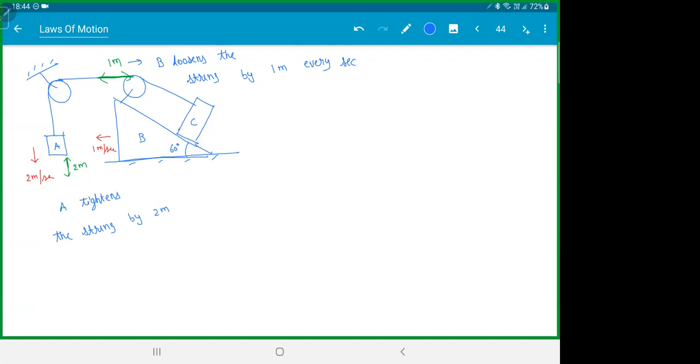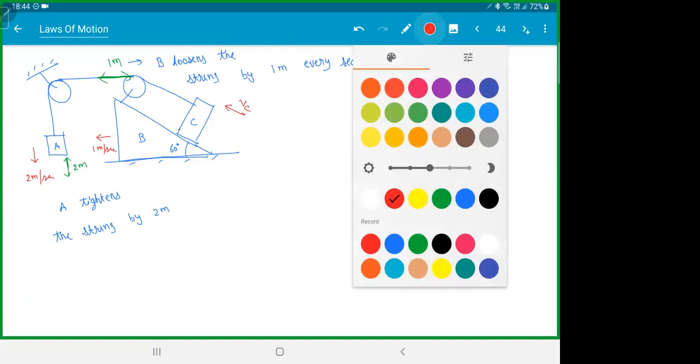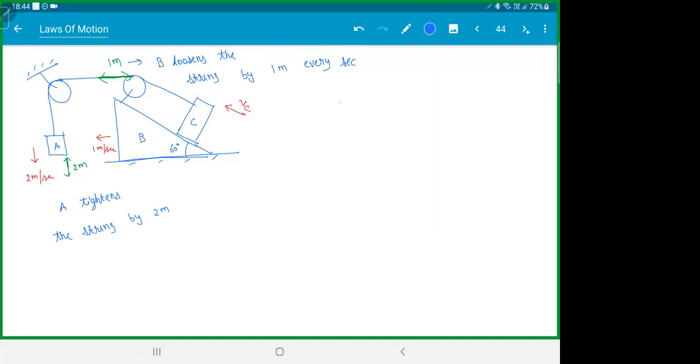But we know the length of the string has to be constant. That means the C which is traveling here should be how much? The amount of string that is becoming tight should be equal to amount of string that is becoming loose. Do you agree with that? So whenever VC goes forward, it will loosen the string by VC. So this loosens the string by VC.